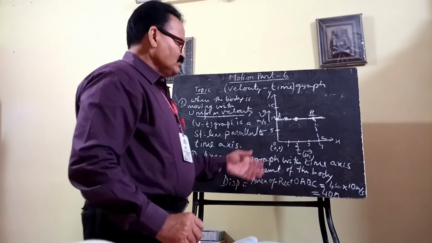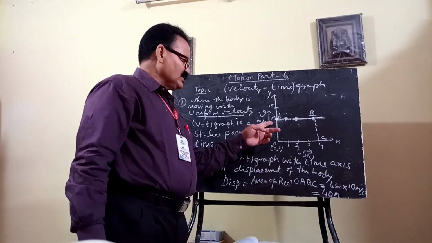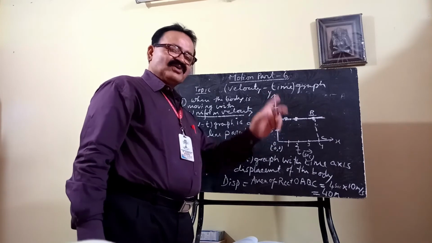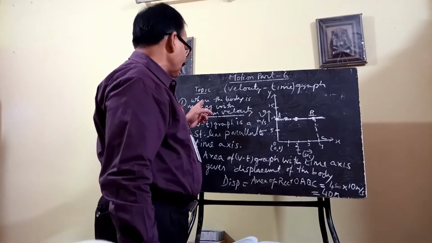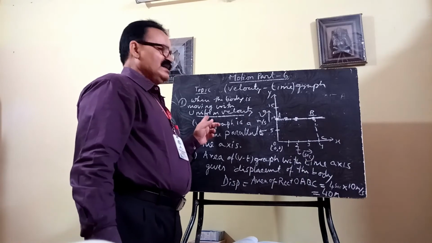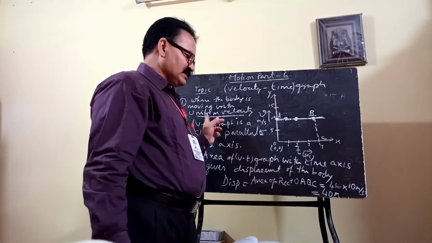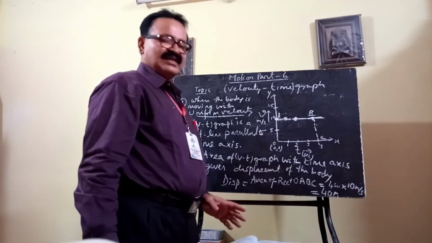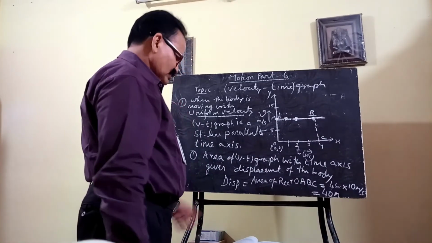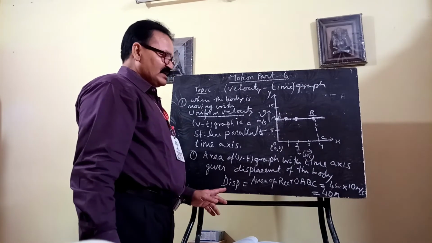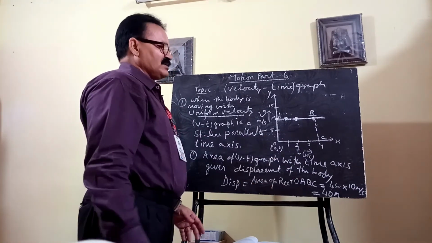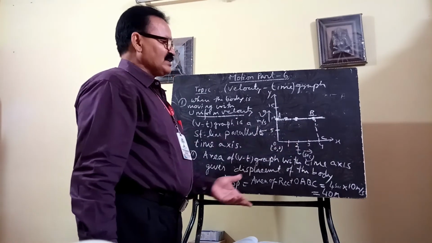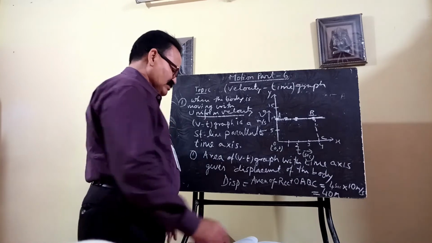The body is moving with a velocity of 10 meter per second and the velocity remains constant, that is why the body is moving with uniform velocity, neither increasing nor decreasing. So the velocity time graph is a straight line parallel to your time axis, and the displacement of the body after 4 seconds is 40 meter. So the area of the velocity time graph enclosed with the time axis gives you the displacement of the body.